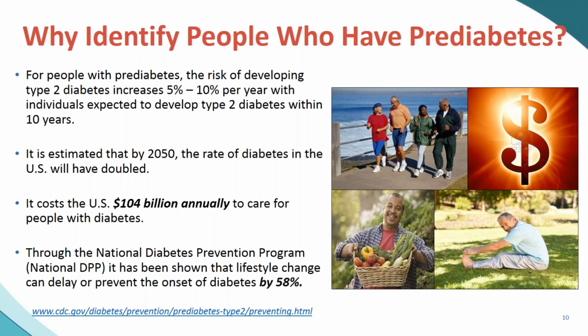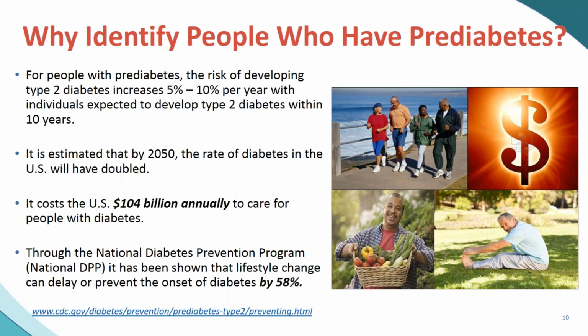Unlike so many chronic diseases where you think, what can you do other than manage the symptoms? With prediabetes, if you can intervene and get these people into a diabetes prevention program, then you actually have a shot at preventing them from becoming a true diabetic.